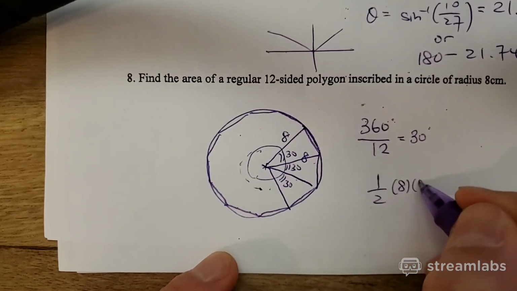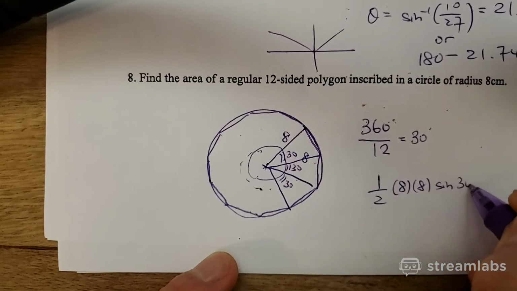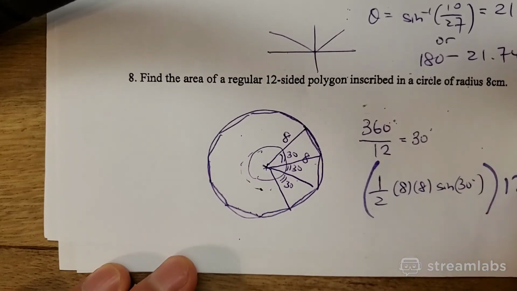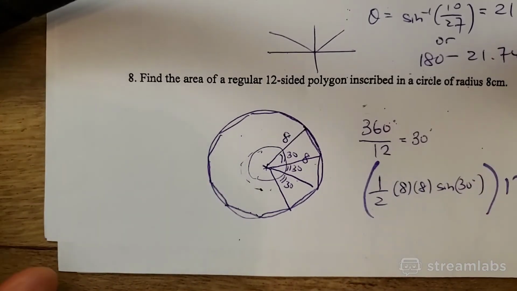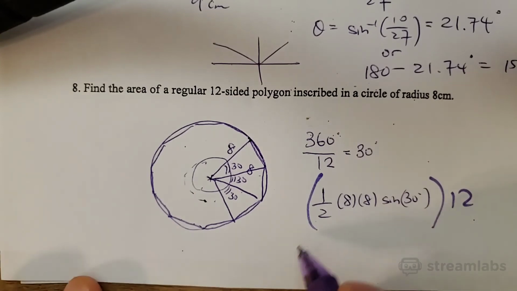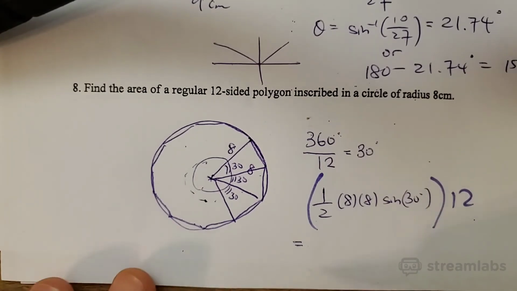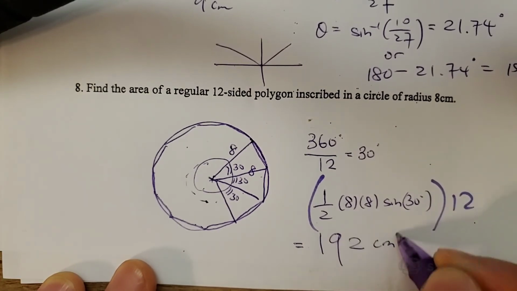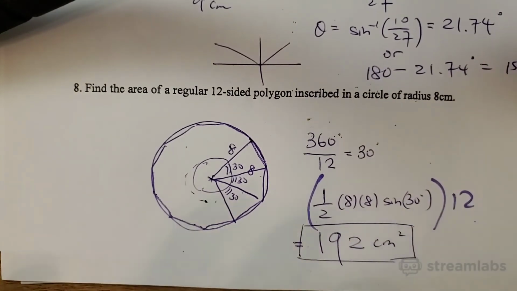How many are we doing? There are 12 of them, so this times 12. That would be equal to 192 centimeters squared. Okay, so that's that problem.